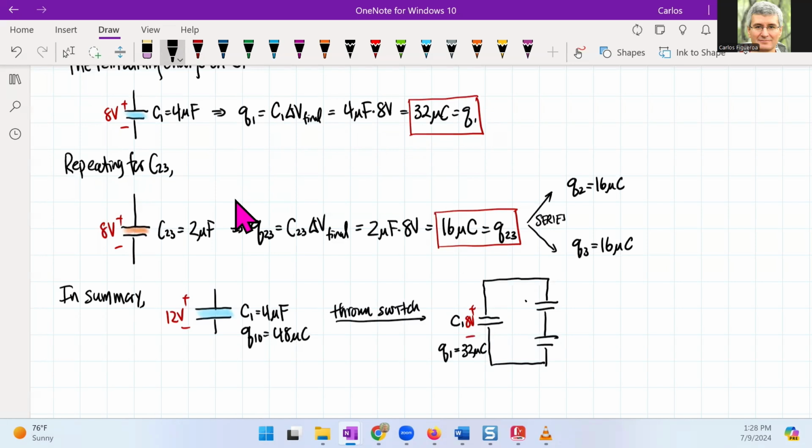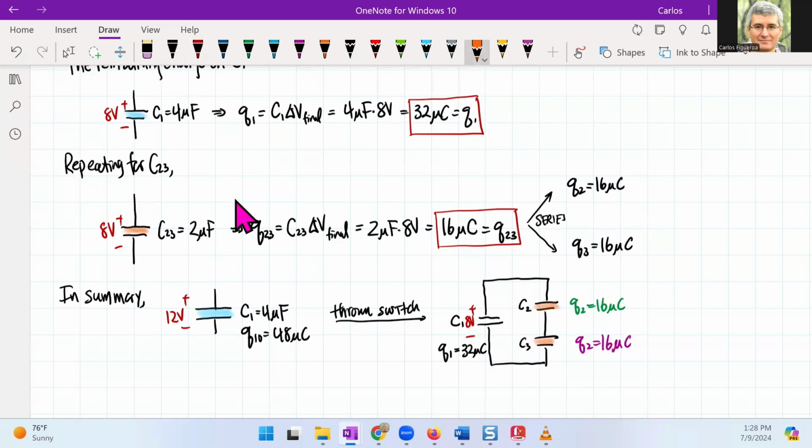C2 and C3 also have charges: this one will have 16 microcoulombs, and this one also 16 microcoulombs. Once again, this is C2 and C3.